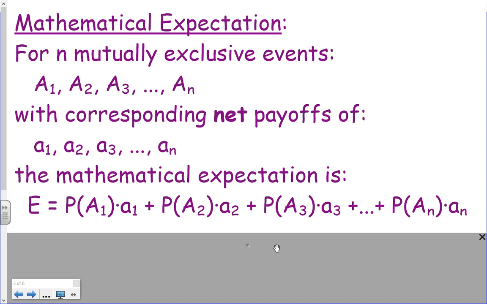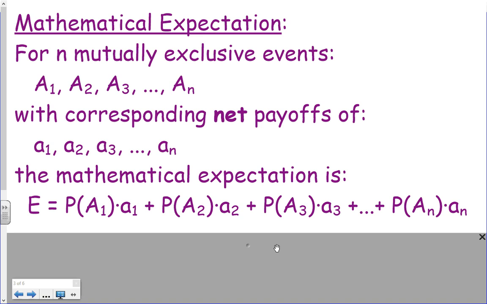There was no overlap between any of those. You know, if we had said a number greater than 3, and then we had odd numbers, there's some overlap there, because there's an odd number that is greater than 3. So you have to be careful and make sure these are mutually exclusive events. We're going to call these A1, A2, A3, and so forth, all the way up to A sub n. So uppercase A sub 1 through uppercase A sub n will be the names of our events, and they're mutually exclusive.